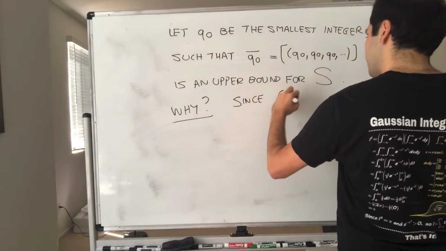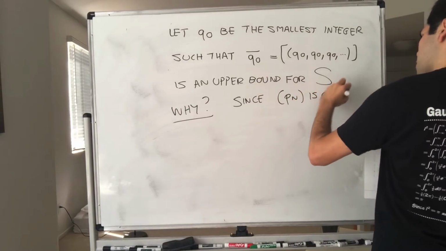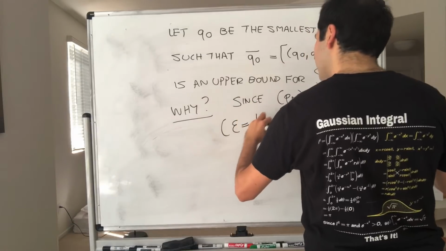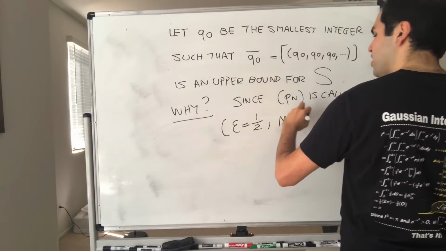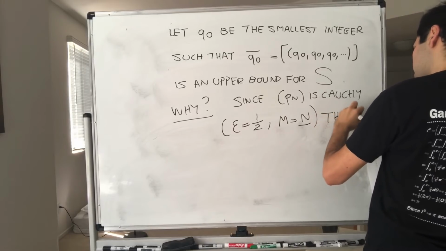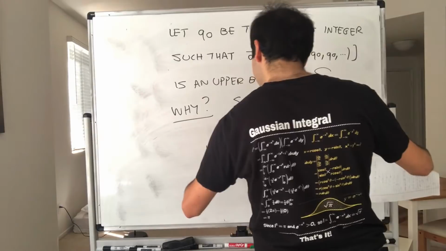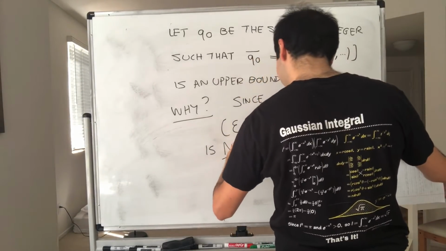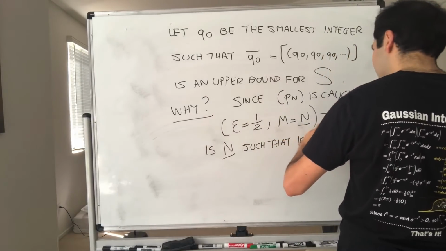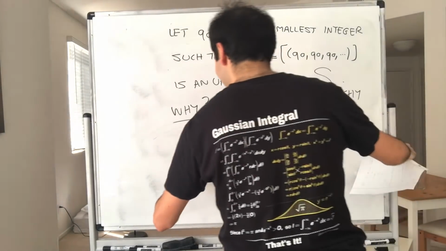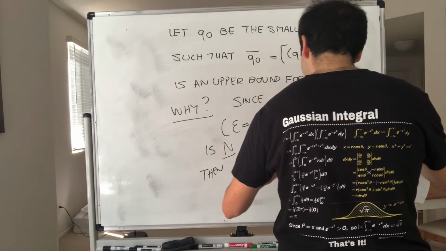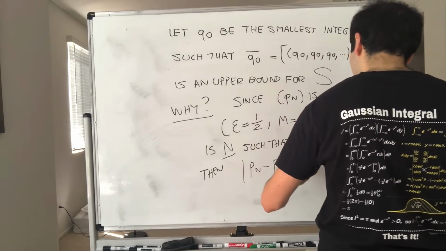Since Pn is Cauchy, if you let epsilon be 1/2, there is a capital N such that if n is bigger than capital N, then |Pn - PN| is less than 1/2.